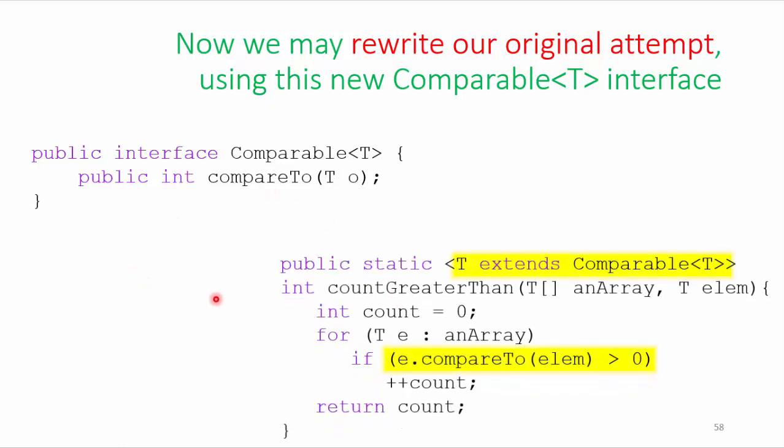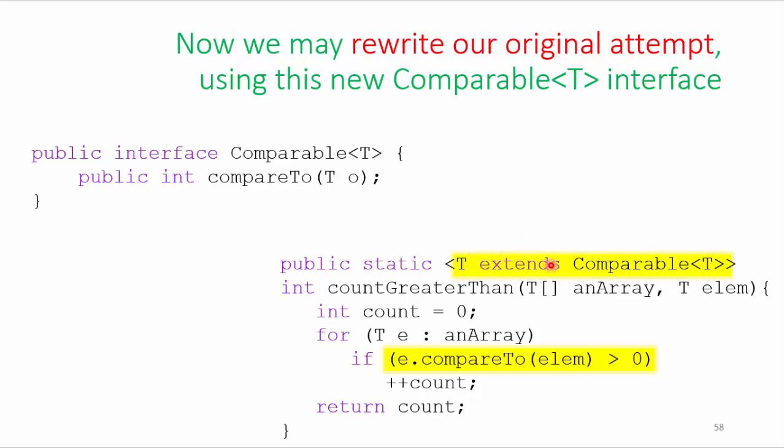So now let's see how we are going to use this Comparable interface to rewrite our generic method. So countGreaterThan is still mostly the same, with the exception of those two yellow highlighted parts. The type parameter here is not simply T any longer.